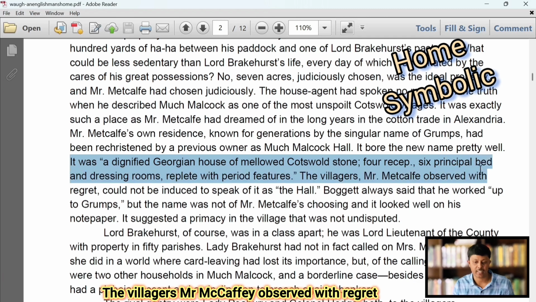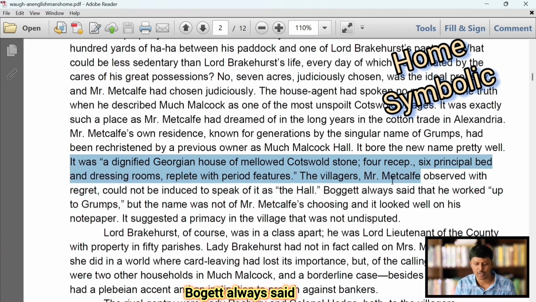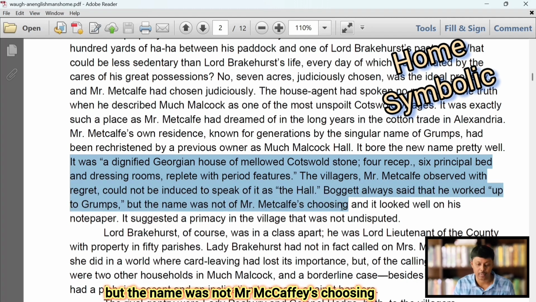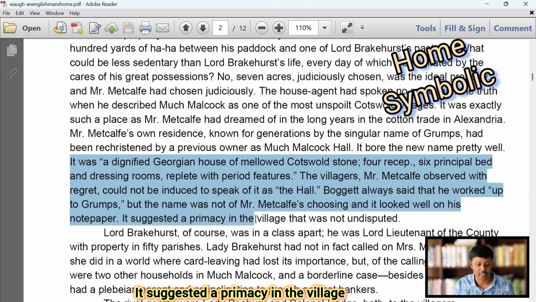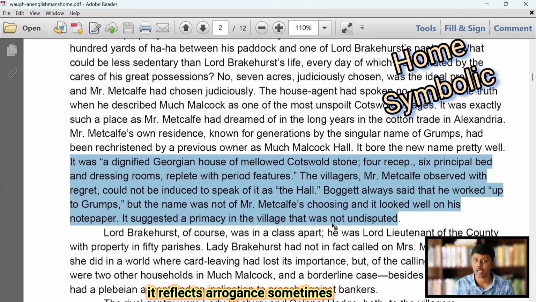The villagers, Mr. Metcalfe observed with regret, could not be induced to speak of it as a hall. Boggett always said that he walked up to Grumps, but the name was not Mr. Metcalfe's choosing, and it looked well on his note paper. It suggested a primacy in the village that was not undisputed. So, home is symbolic in the sense that it reflects pride, it reflects arrogance. Sometimes it also reflects that I have something which others do not have.